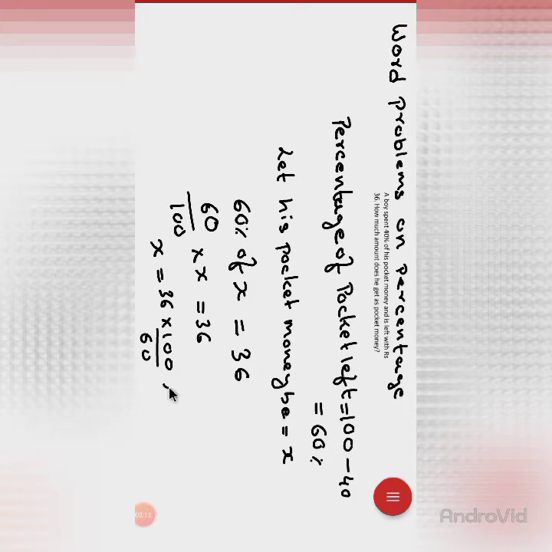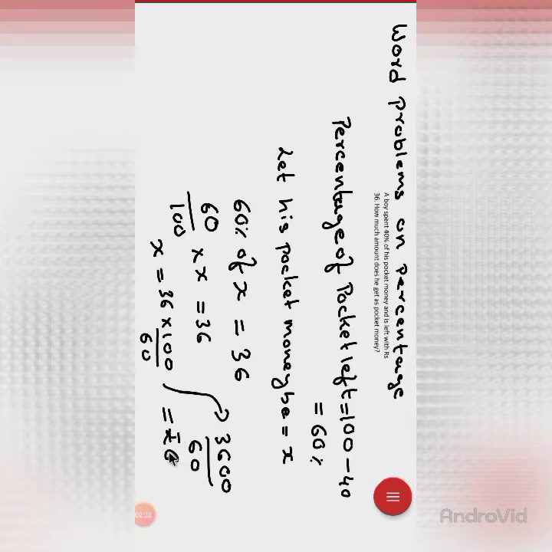So now this will be 3600, 36 into 100 is 3600, divided by 60. When we divide this, we get rupees 60. So the total amount of pocket money he gets is rupees 60.